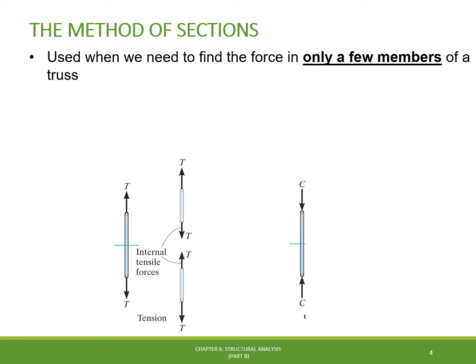Likewise, if we have a member subjected to a compressive force and an imaginary section line is passed through this member, the internal compressive forces acting along the member will determine the compressive state of the two resulting sections. This sectioning procedure applied to several elements of the truss is the basic idea behind the method of sections.